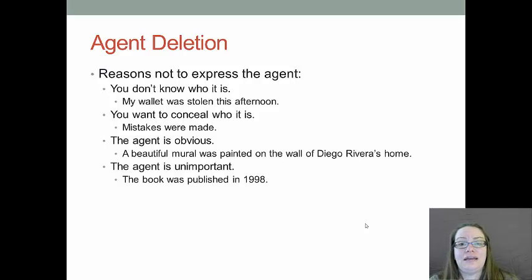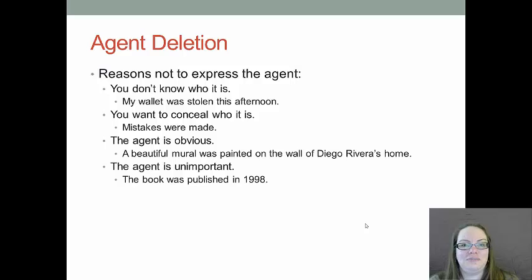I can make that an active sentence by saying the thief stole my wallet, or the robber stole my wallet, or the man in the white coat stole my wallet. But often we discuss those things when we don't know who it is with agent deletion and in the passive. So instead we just say my wallet was stolen.